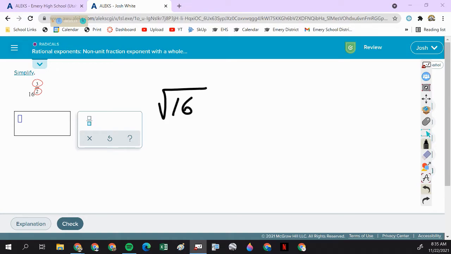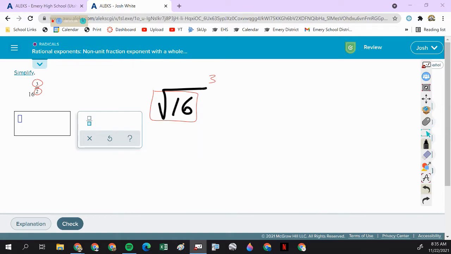And then I have to decide, do I want to put the 3 on the inside or do I want to put it on the outside? It doesn't really matter, but sometimes one way is easier than the other. And it depends a lot on, can you take the square root of 16? Yes. So in this case, putting the 3 on the outside might be easier because we can square root 16.